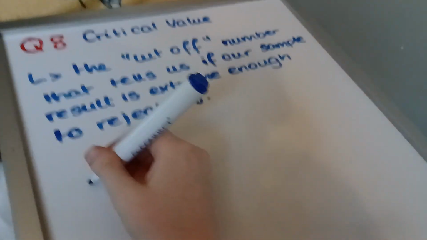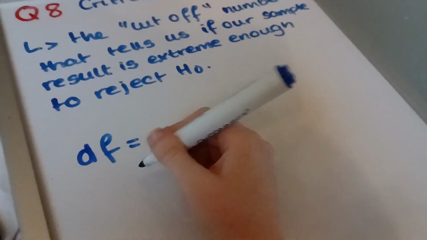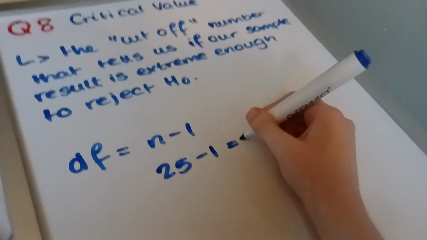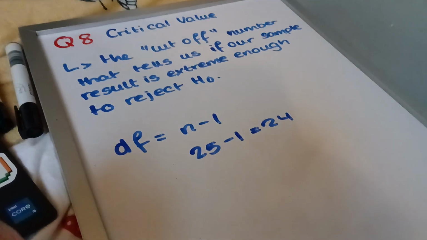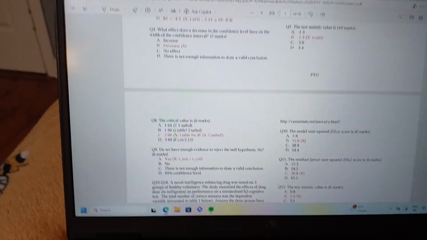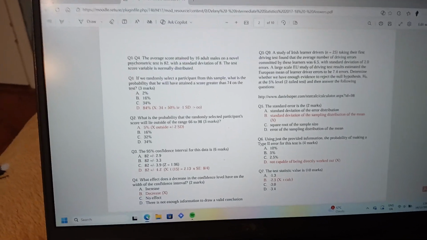To do this, we need to find the degrees of freedom. So df equals n minus 1. N we know is 25, so 25 minus 1 equals 24. Then we go down to our table again, because it is a 5% significance level as mentioned in the question up here.